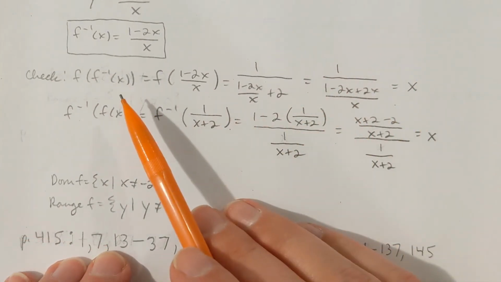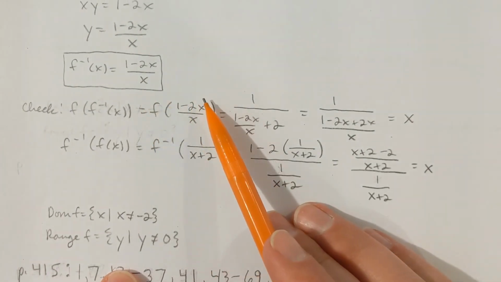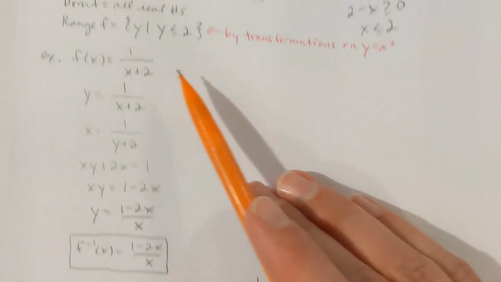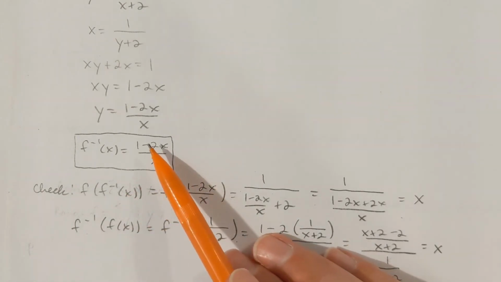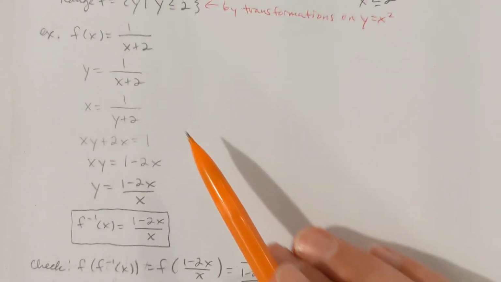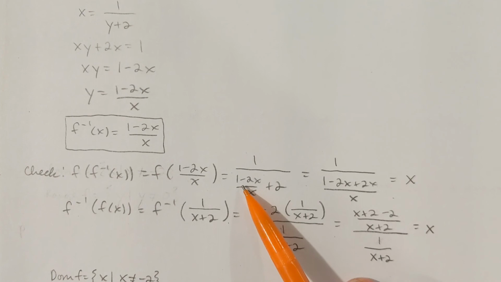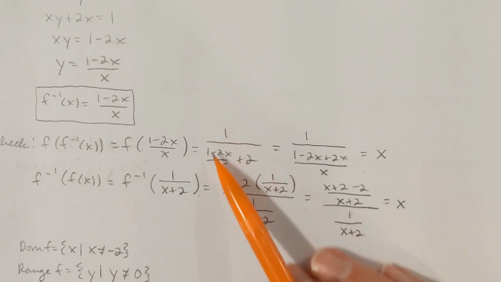If I wanted to check that the inverse is correct, I can check that through function composition. So I've got to plug each function into the other and check that I get plain old x. Here's the calculation for doing that. I'm going to first plug what I think is the inverse into f. Everywhere that I see an x in f, there's only 1, replace that with 1 minus 2x over x. Now, does this simplify to be just x?